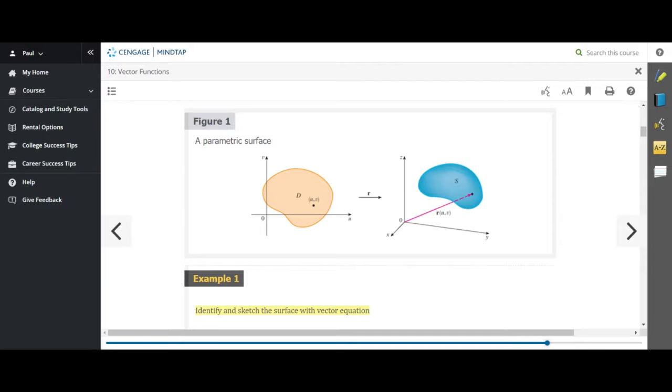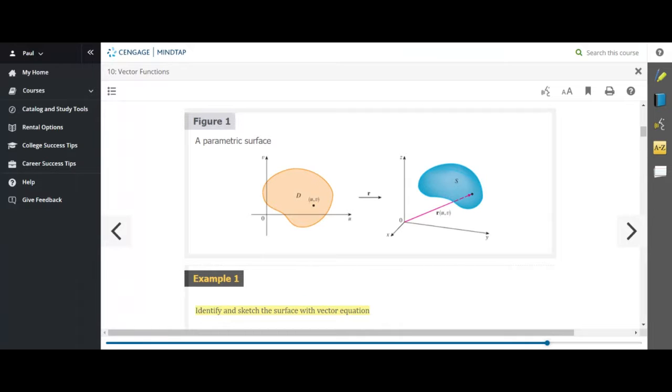The way I think of it, the vector function r is a crayon, and as u and v change, it moves and traces out a surface S in space. So this is a very elegant way to represent a surface S in space.